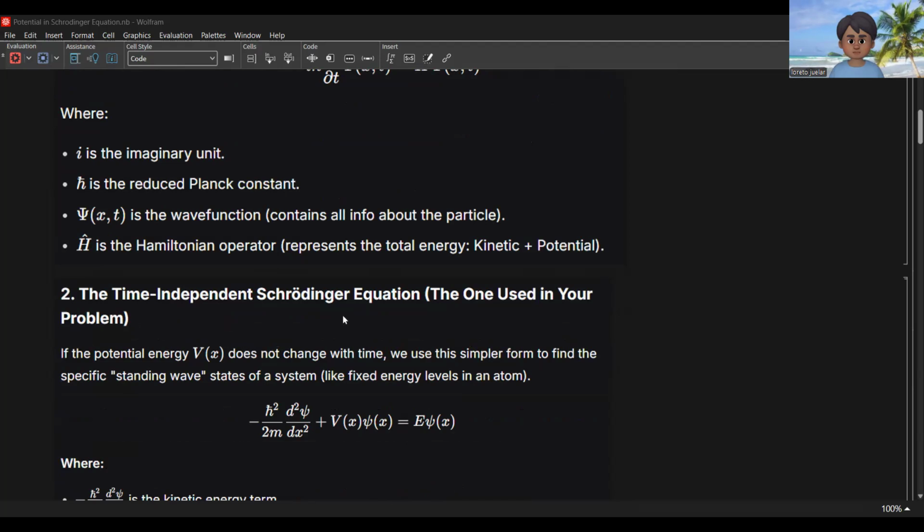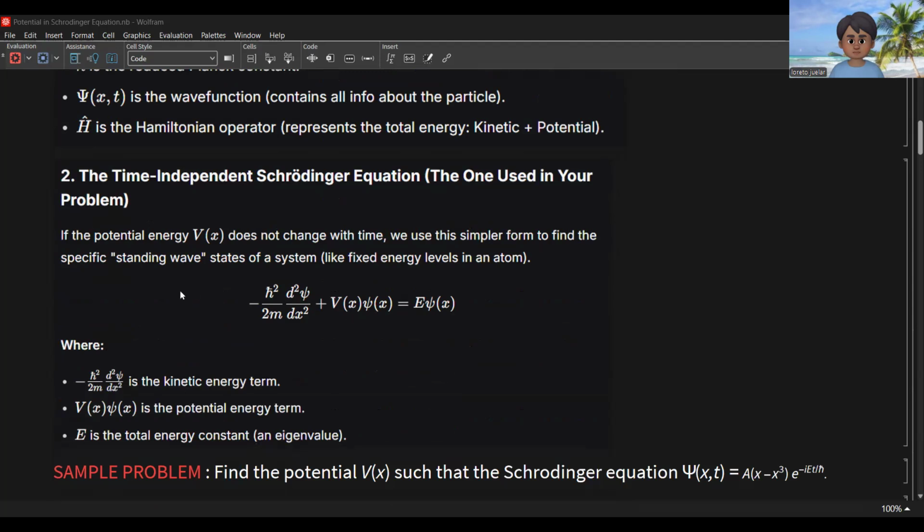The time-independent Schrödinger equation, the one used in your problem. If the potential energy does not change with time, we use this simpler form to find the specific standing wave states of the system, like fixed energy levels in an atom.